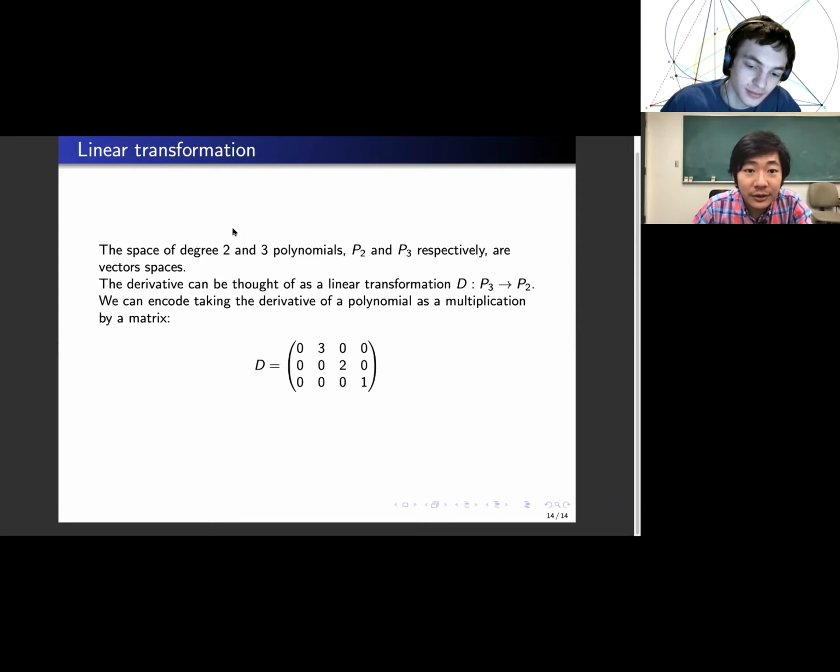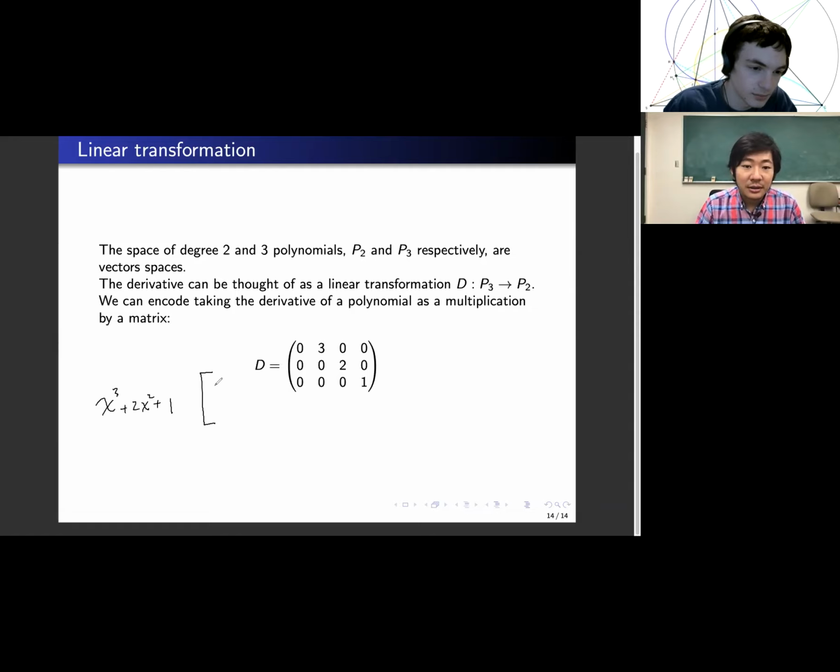Well, first we have to think about how to represent the polynomial. So let's say x cubed plus 2x squared plus 1. This polynomial, we can represent as a vector by just writing down the coefficients.